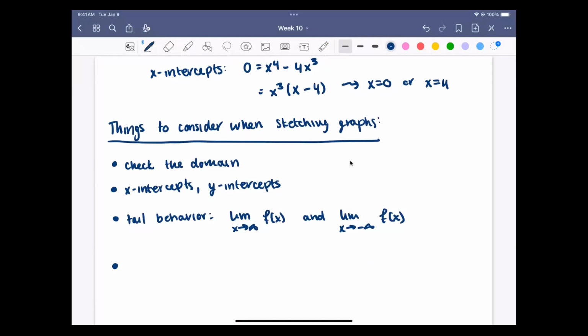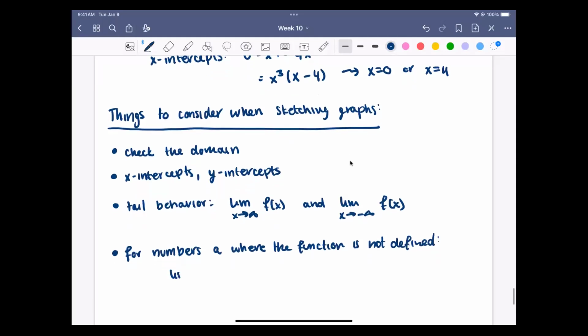So for numbers a where the function is not defined, you want the limit as x approaches a from the right of f of x and the limit as x approaches a from the left of f of x.